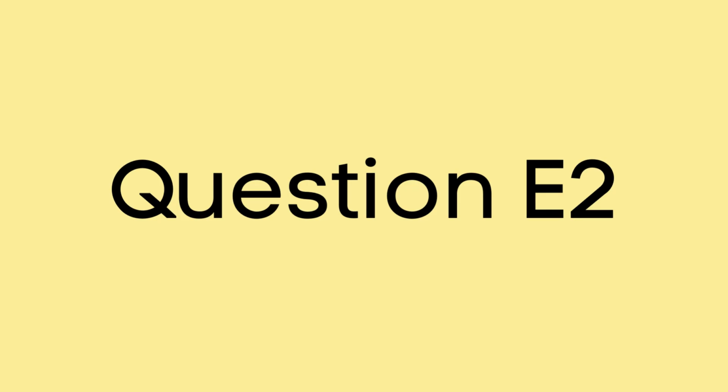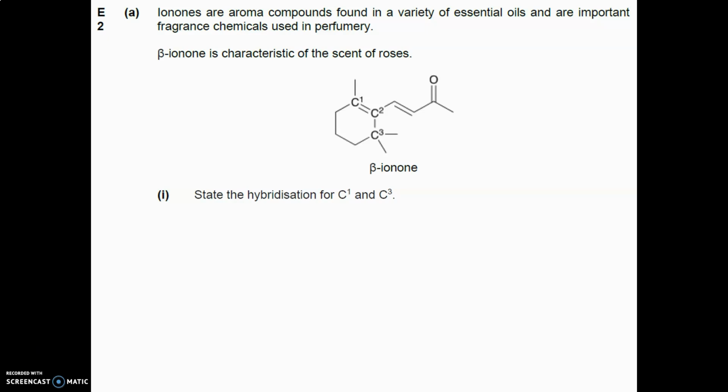Finally, we are moving on to question E2, where we have given you the structure of a compound called beta ionone. Part 1, state the hybridization for carbon 1 and carbon 3. To identify the hybridization for carbon in an organic compound, we're just going to look at the number of bond pairs around the carbon atoms.